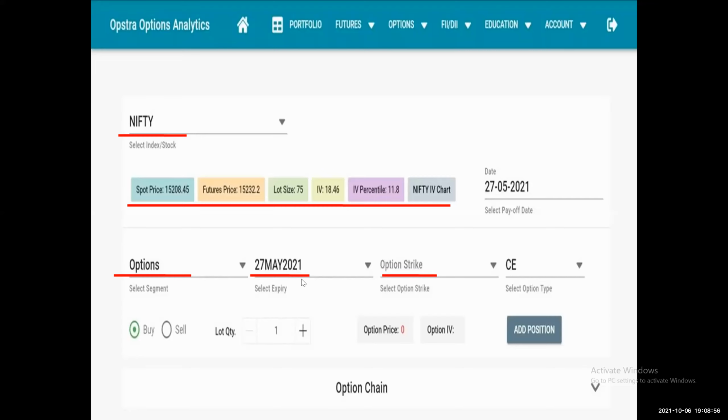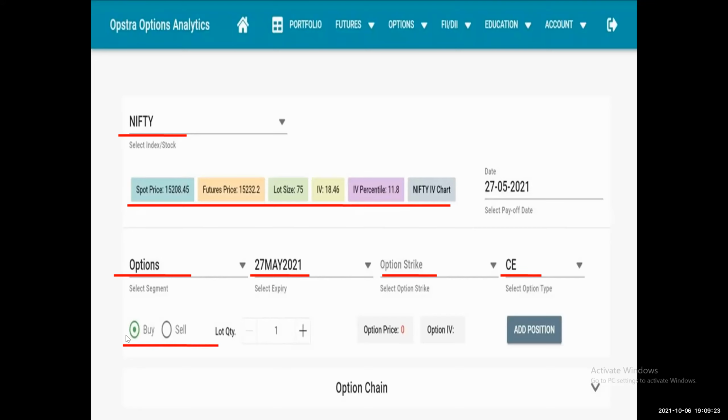From here, you can choose the strike price of the underlying. For the Nifty, it can be 15,250, for example, maybe 15,300, maybe 15,100 put, whichever way you want to take it. Next, you can choose between the call and the put, which instrument of the underlying you want to sell, a call or a put.